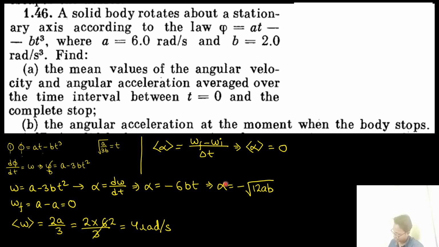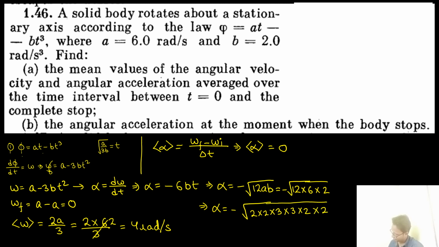And here, angular acceleration when the particle stops is equal to minus 2 under root of 12ab, or minus under root of 12. What is the value of a? 6. What is the value of b? 2. So let us solve it. Alpha is equal to, this can be broken down as, see, 12 can be broken down as 2 into 2 into 3, and 6 as 3 into 2, and 2 is remaining.